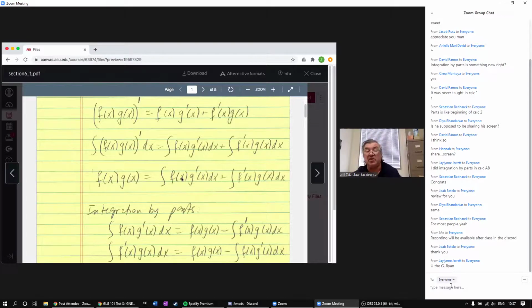And now you can solve for this, or you can solve for this, and this leads to the integration by parts formula. If you solve for this, you will see that the integral of f g prime is equal to fg minus the integral of f prime g. So that's one integration by parts formula.